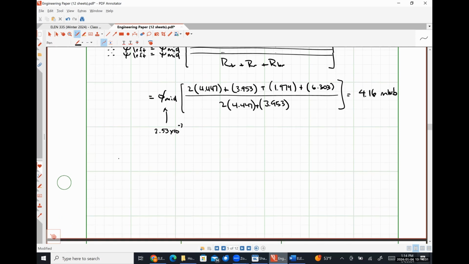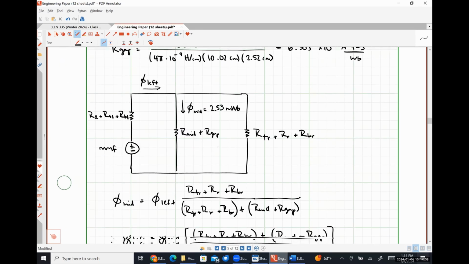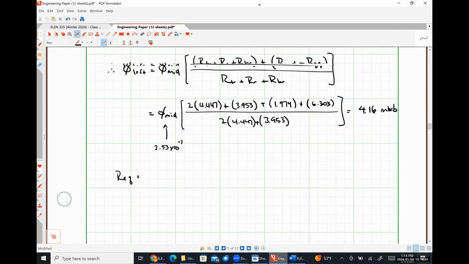My equivalent reluctance for the whole circuit seen by our MMF source is R top left plus bottom left in series with R mid plus R gap, times R top right plus the right plus the bottom right.